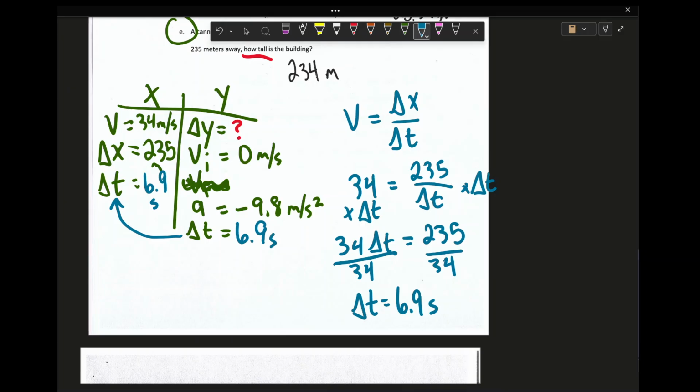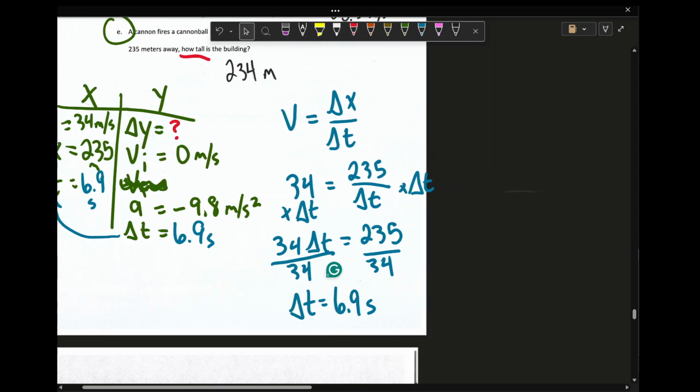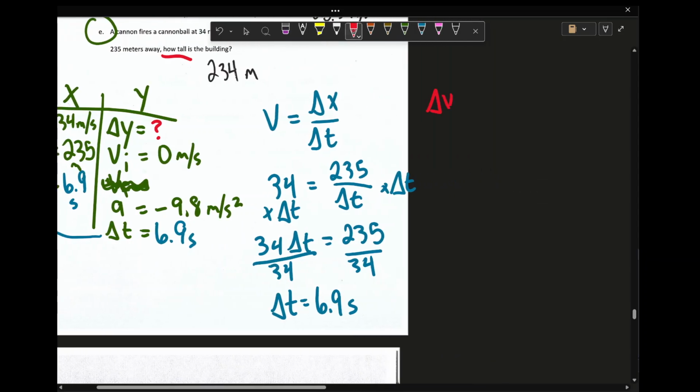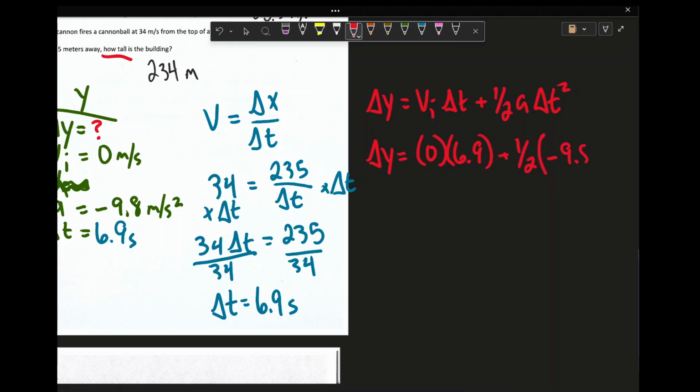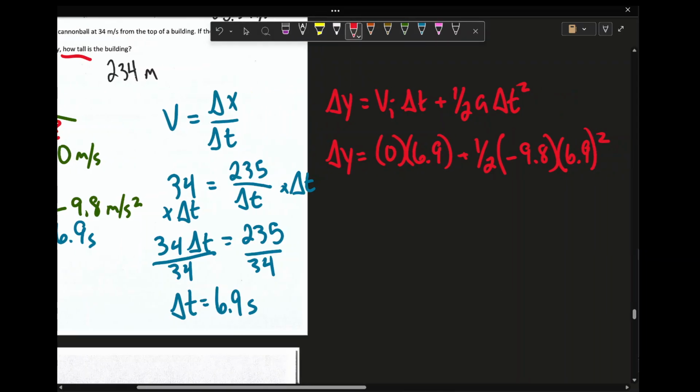Now that I have that, I am set up to finish this, where we're going to use a version of our displacement equation. We're just swapping delta x for delta y. And then filling in, VI is 0, delta t is 6.9 seconds, 1/2 of negative 9.8 times 6.9, and that's going to be squared.